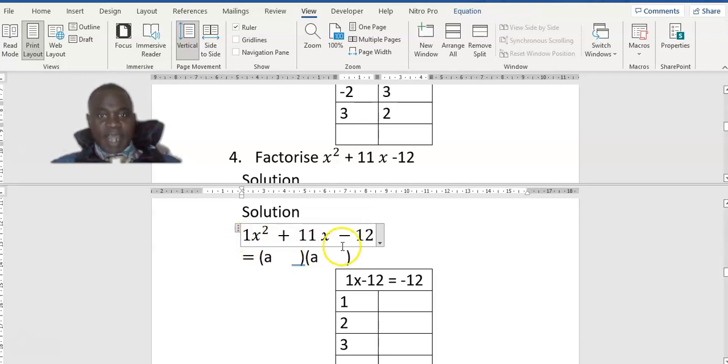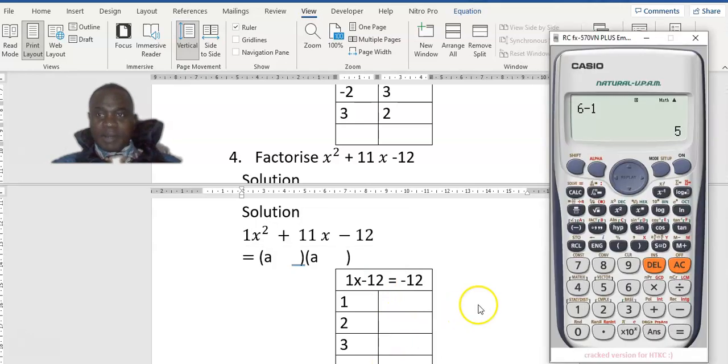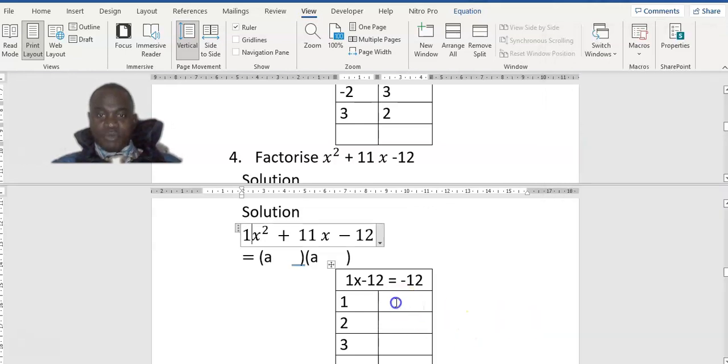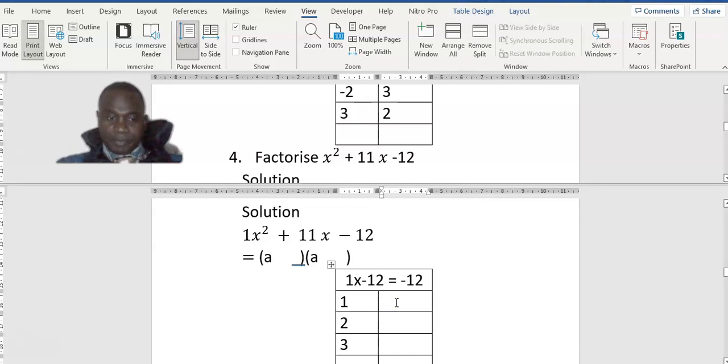So we say 1 times negative 12 is going to give us negative 12. 2 factors, which when you multiply you get negative 12, and when you add you get 11. So on our calculator, what are we going to press? Minus 12 over 1. It gives us what? Minus 12. So let's put minus 12 here.